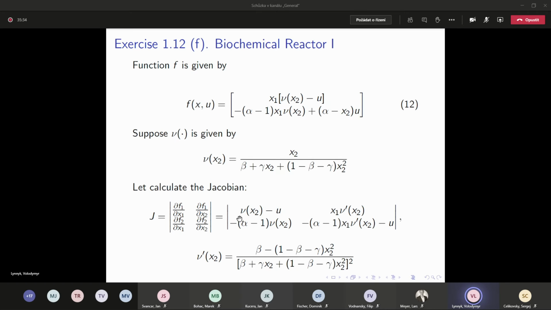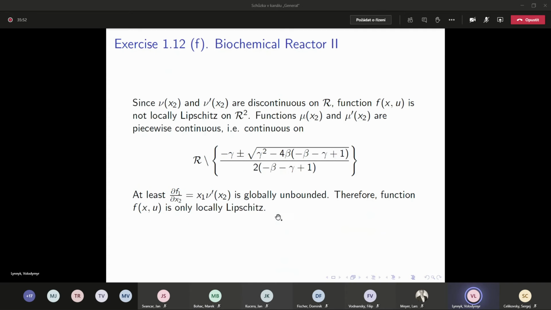We see that the Jacobian depends on the derivative of function nu, and here is the Jacobian. Here is the derivative of this function. Function nu of x2 and the derivative of nu of x2 are piecewise continuous, continuous on R except at this point, and at least this term is unbounded.